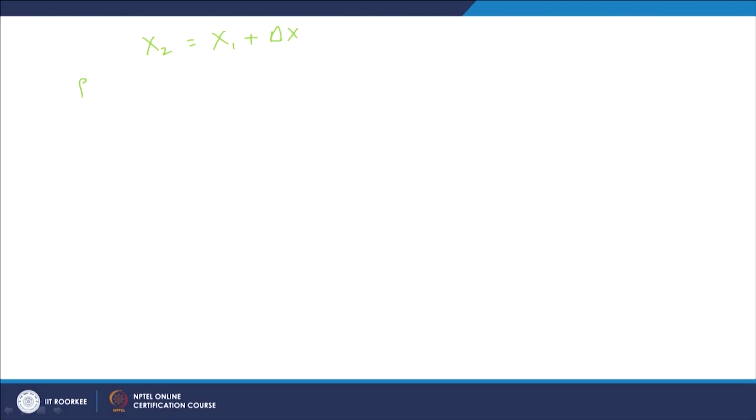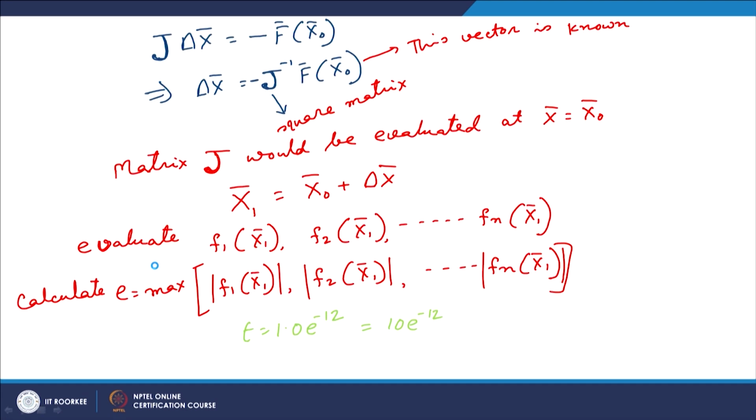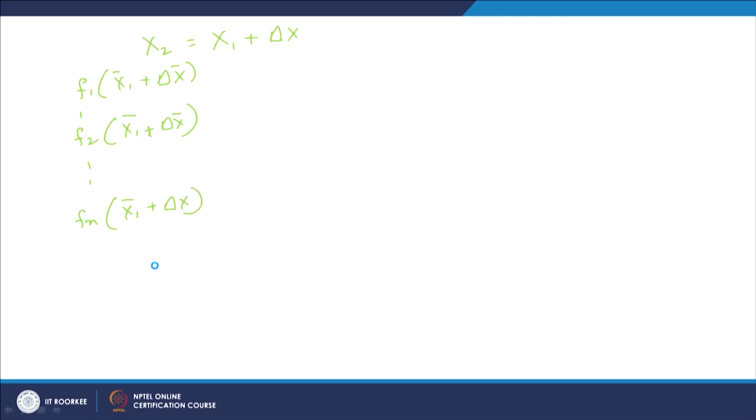So if this value of E is more than epsilon, we again evaluate f1, f2, fn at x1 plus delta x by doing this Taylor series expansion, and then again recalculate these values of delta x, and again update x2 as x1 plus delta x, and again check whether any of these functional values evaluated at x2 is significantly more than 0 or not.